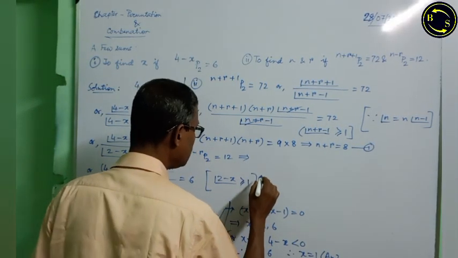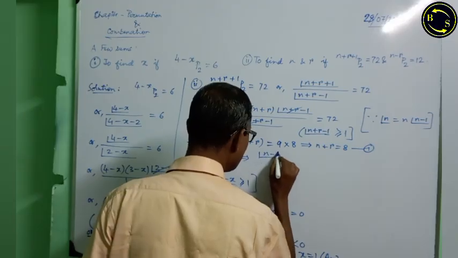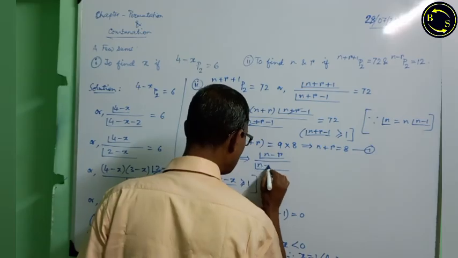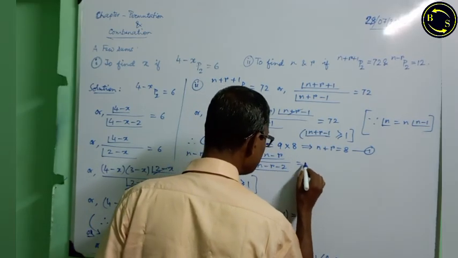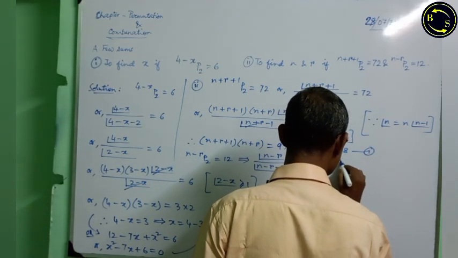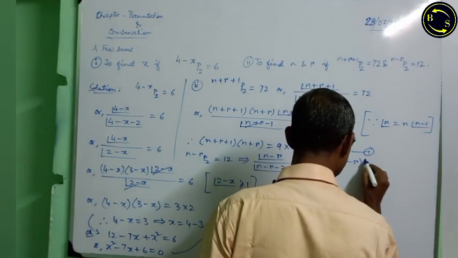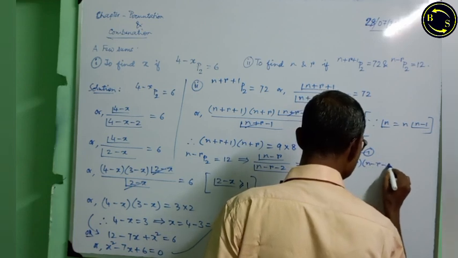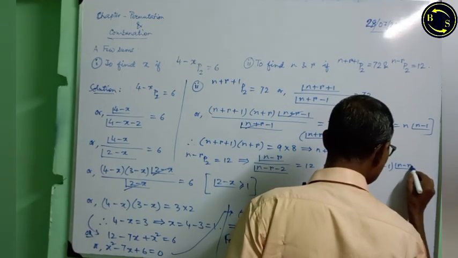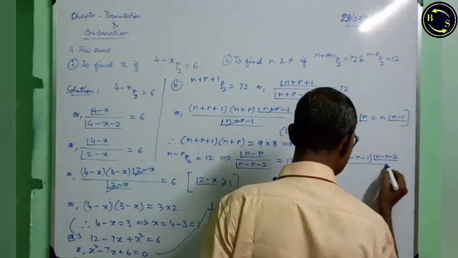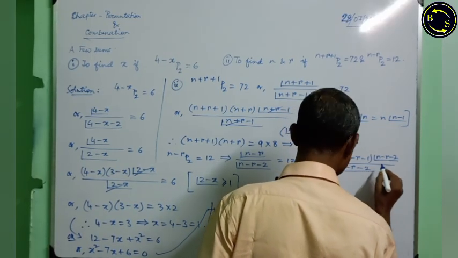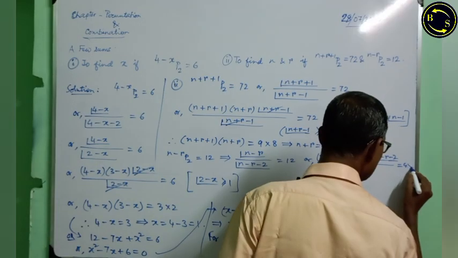From that, we get factorial N minus R by factorial N minus R minus 2 is equal to 12, or the numerator I write like this: N minus R into N minus R minus 1 into factorial N minus R minus 2 divided by factorial N minus R minus 2 is equal to 4 into 3.